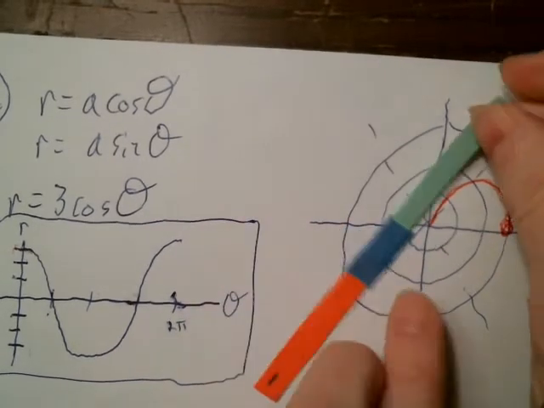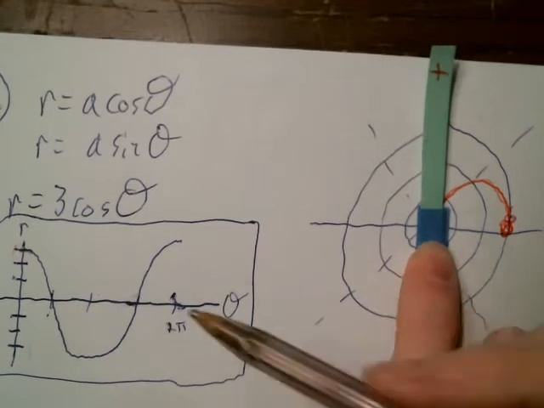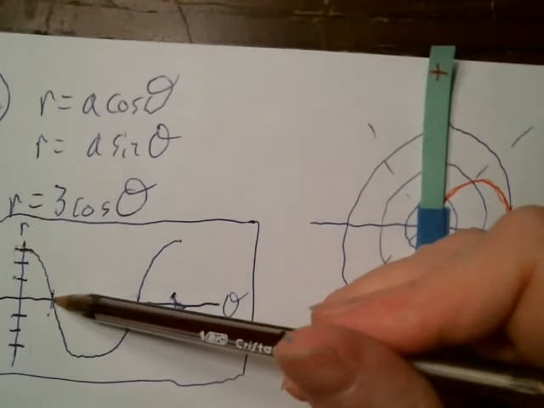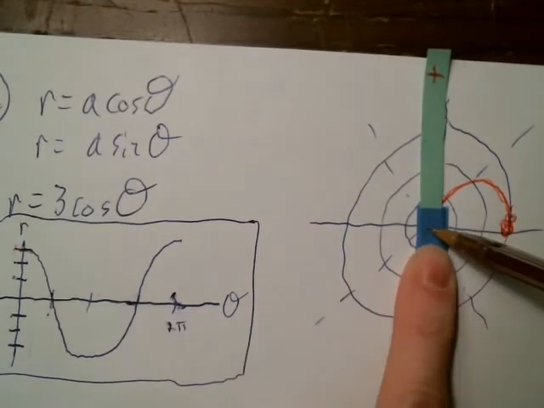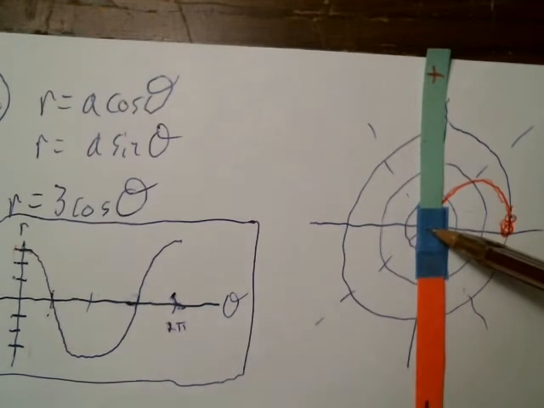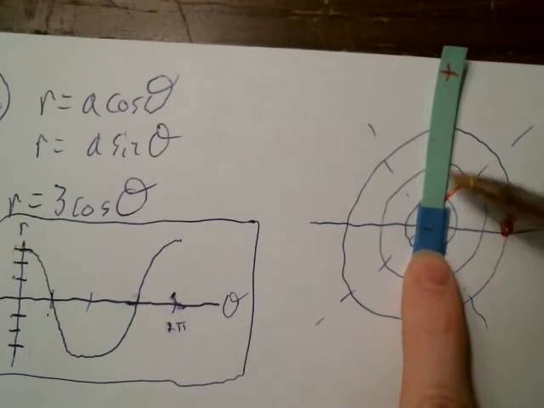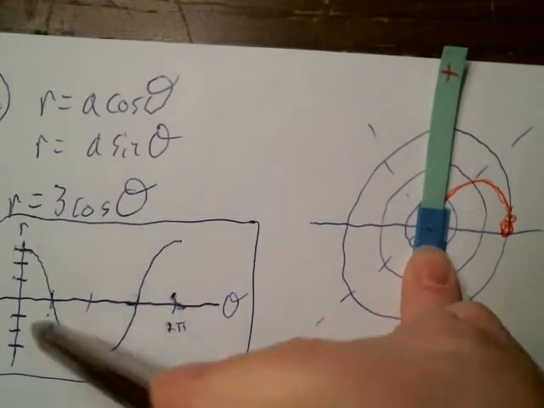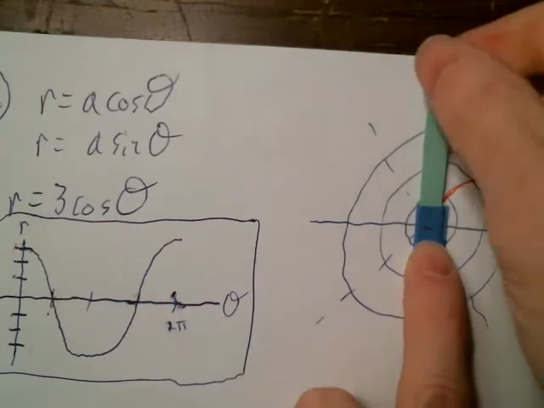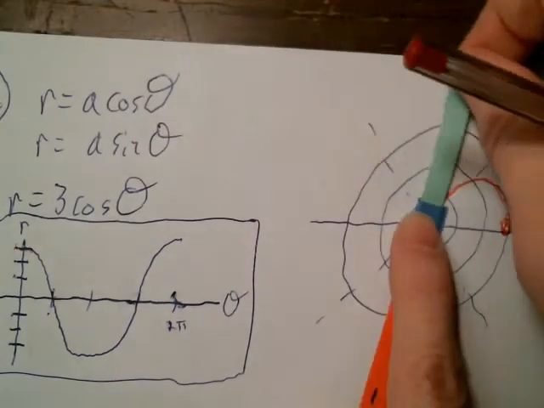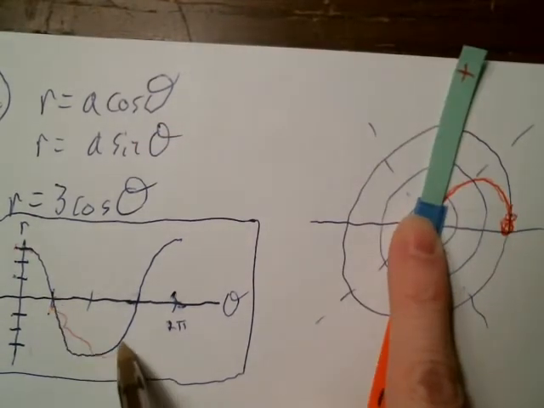Okay, so right now I'm at pi over 2. On this graph, pi over 2 is right here, so the arm is at the juncture on my rotating bar. Then from pi over 2 to pi, I'm going onto the negative side of the arm.